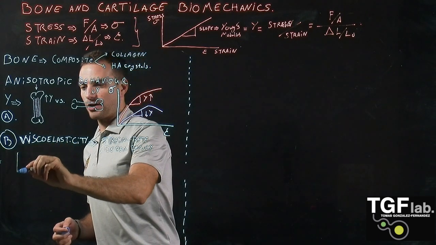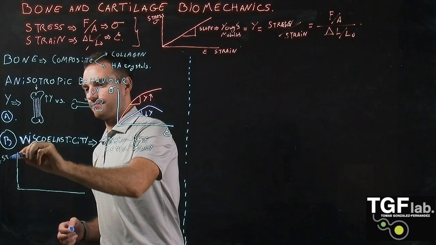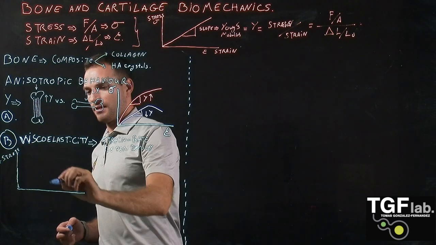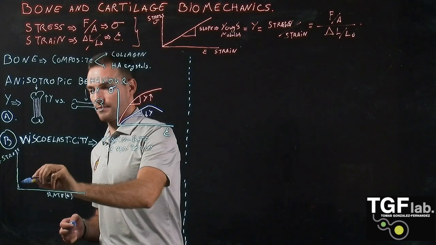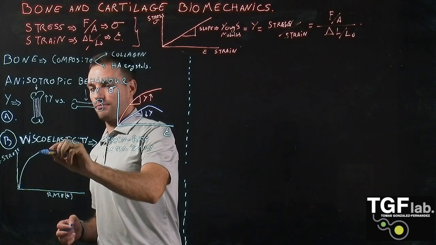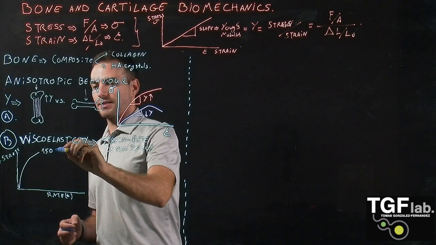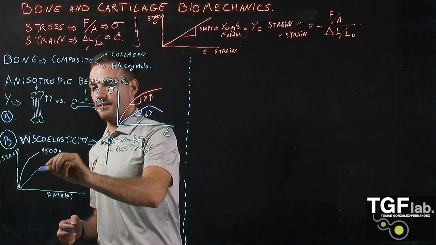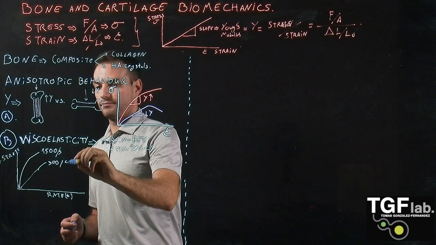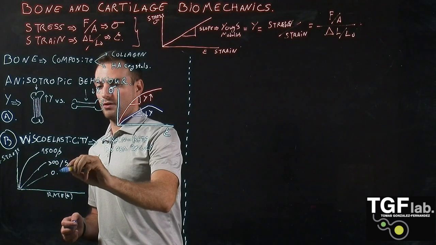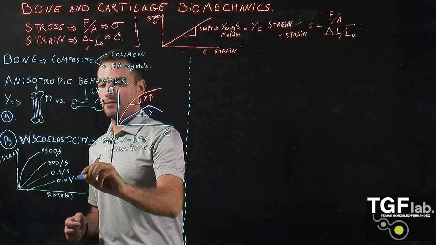So if we plot here the stress versus strain, we are going to have here, for example, when we do 1,500 seconds, 300, 0.1, and 0.01.